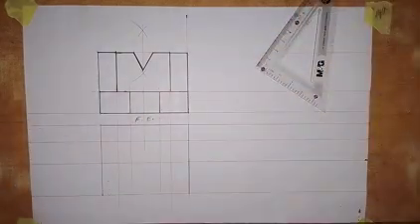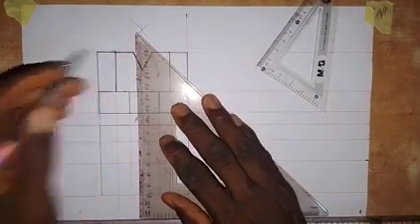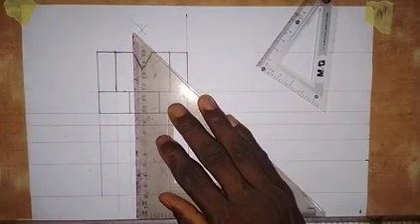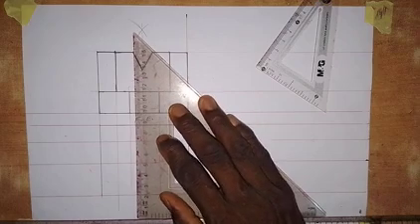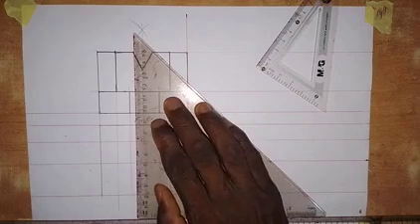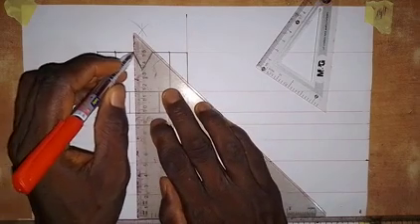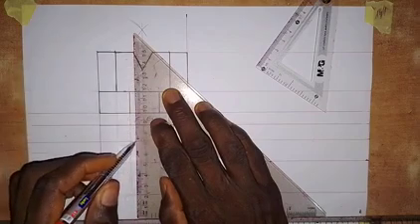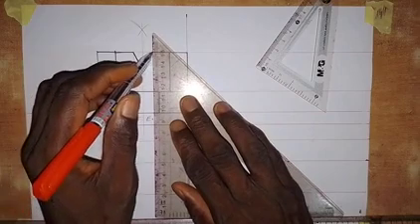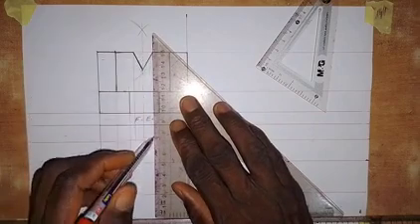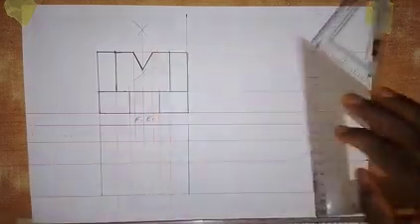Then at this point here, the 30 millimeters that we took here, for us to bring out the rectangle here, we need to draw a vertical line down to this point, and also at this point we draw a vertical line down here, so that we can bring out that rectangle.